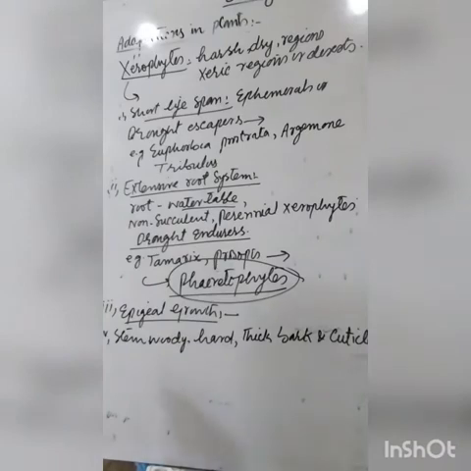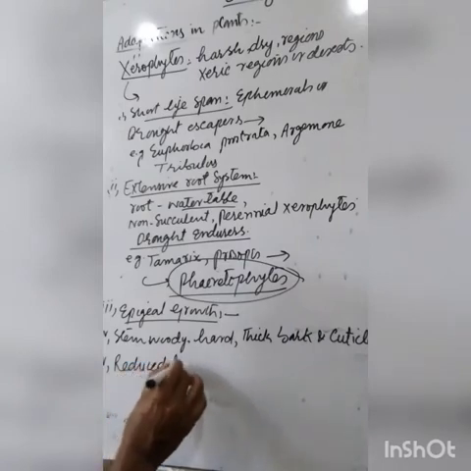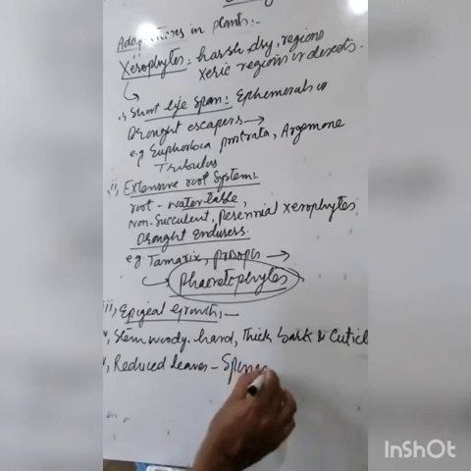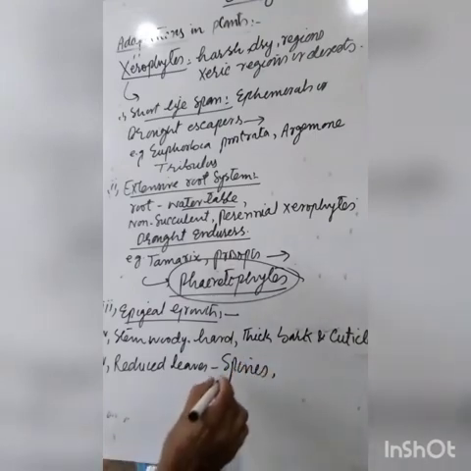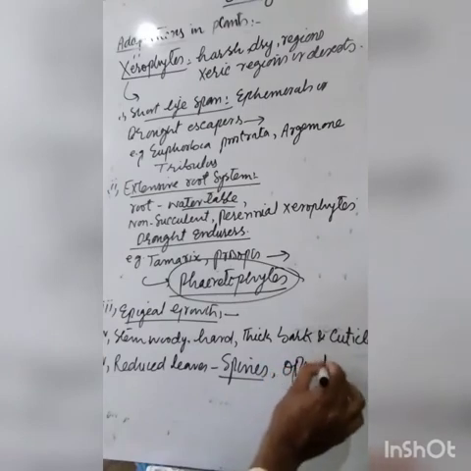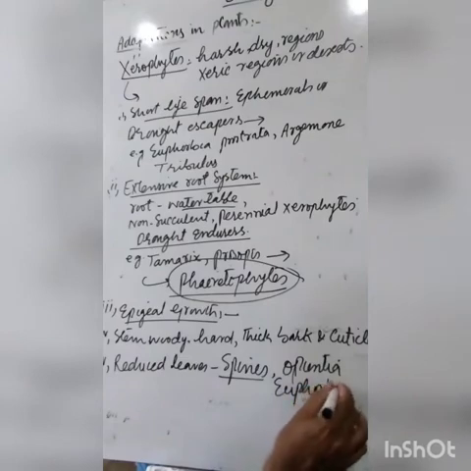And there is another, they have reduced leaves into spines. Same is the case as you know it. This is Opuntia and Euphorbia species.